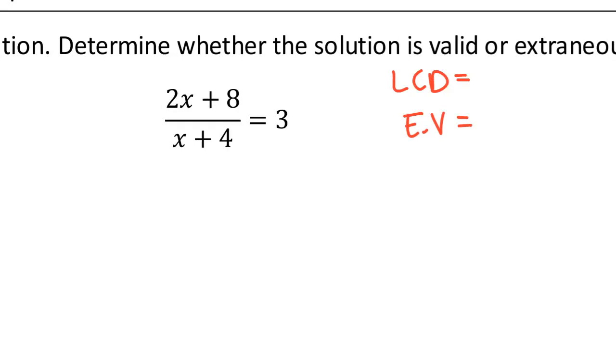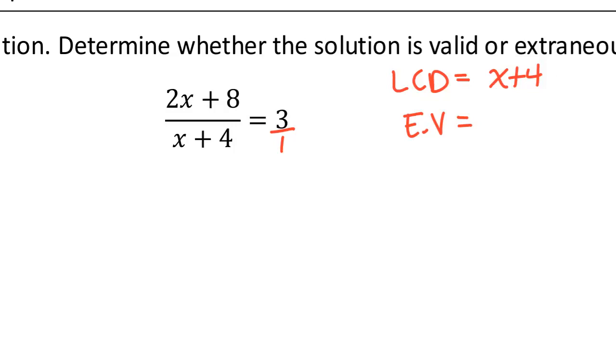So here's this one. Again, you have the variable in the denominator. So what's the LCD? I'll help you get started, but you guys can finish it. What's in the denominators? 1 and x plus 4 is in the denominator.